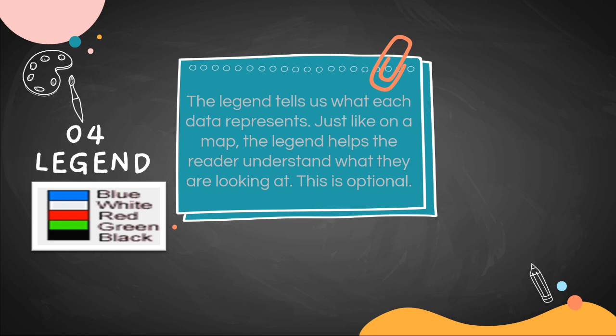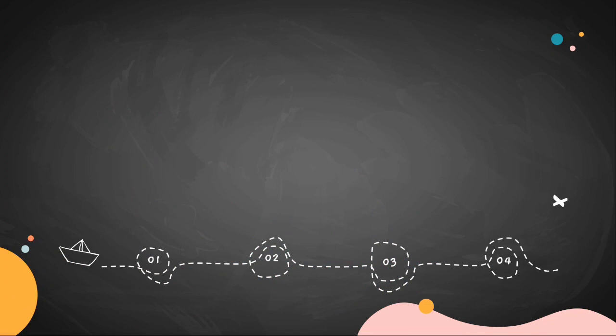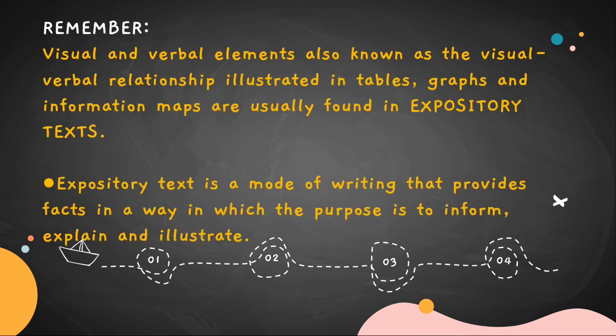Now that we have learned the visual and verbal elements and their relationship illustrated in tables and graphs, it is important to know where they are usually found. We should always remember that the visual-verbal relationship illustrated in tables, graphs, and information maps is usually found in expository text.